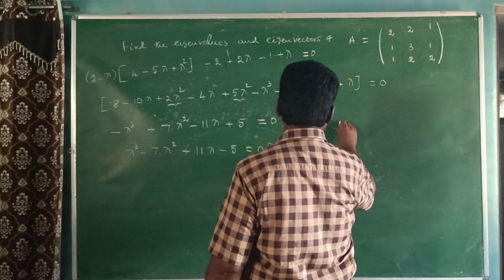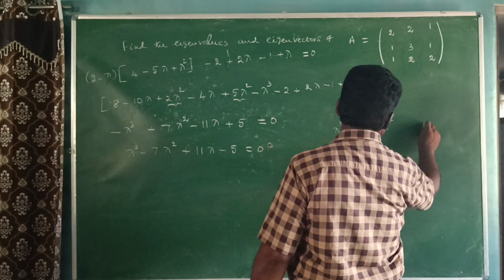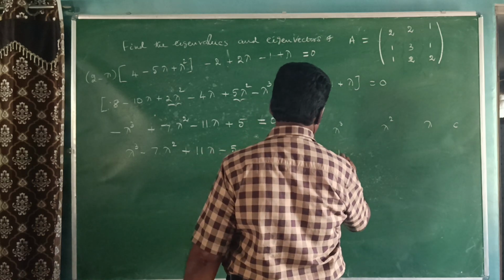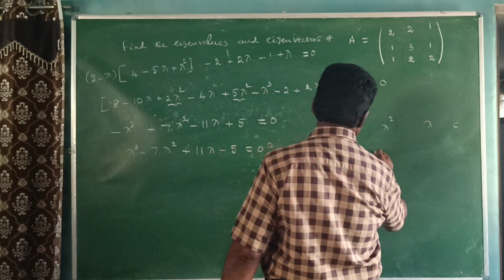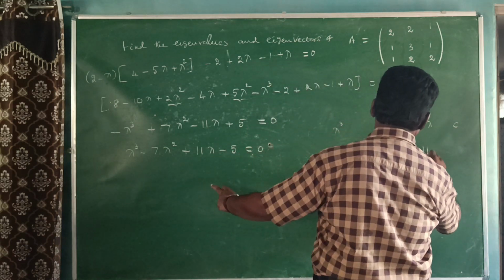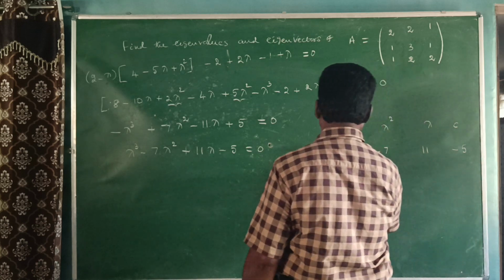The coefficients are: lambda cube 1, lambda square minus 7, lambda term plus 11, constant term minus 5.